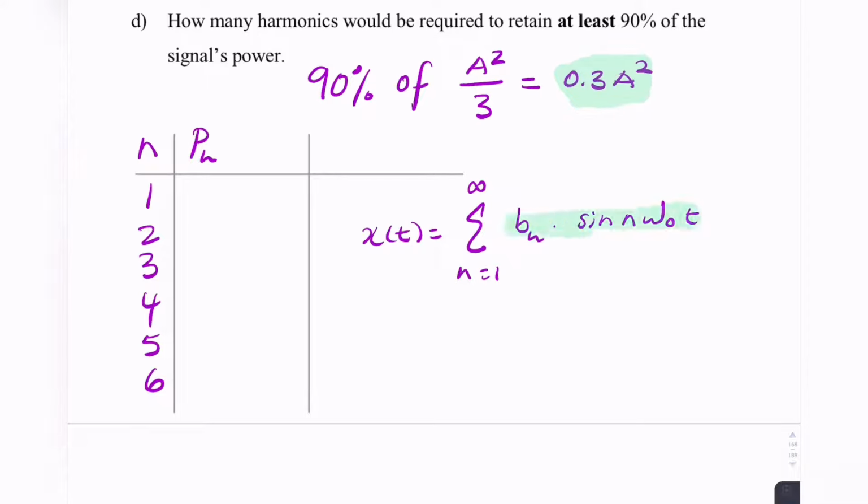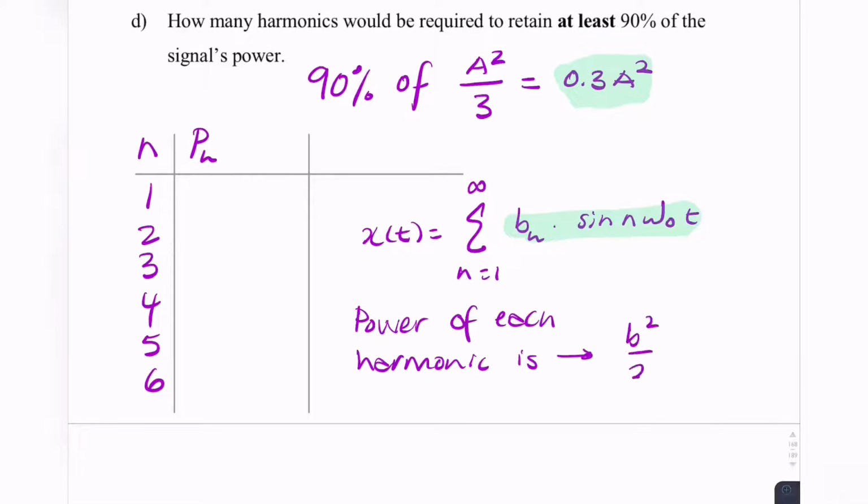What's the power of each of these harmonics? Now remember, it's a sine wave, so the power of each harmonic is simply b squared over 2.